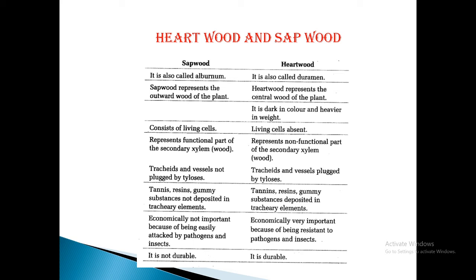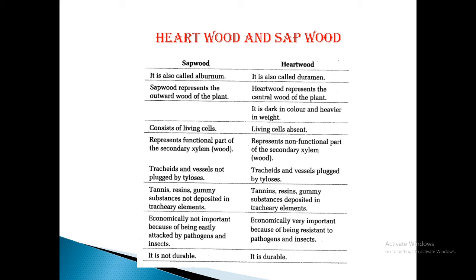Sapwood is of light color and contains some living cells in association with vessels and fibers. But heartwood looks black or dark brown due to the presence of various substances in it.